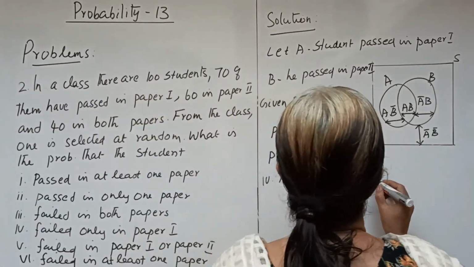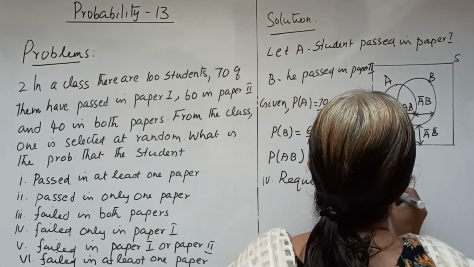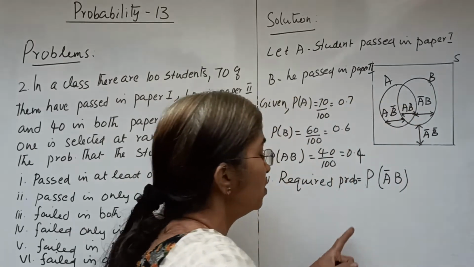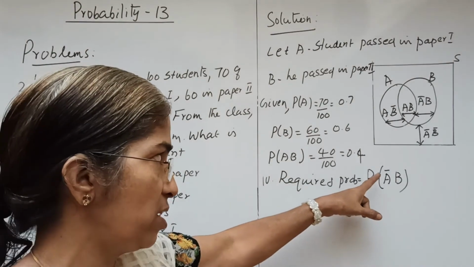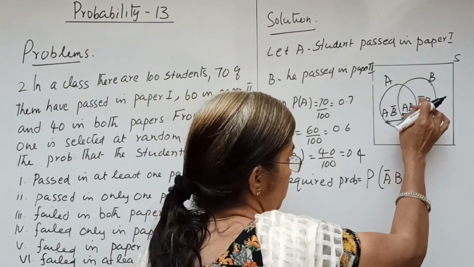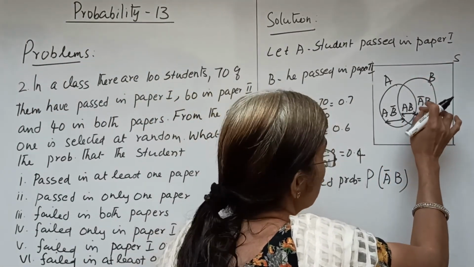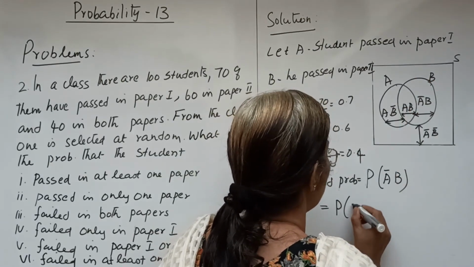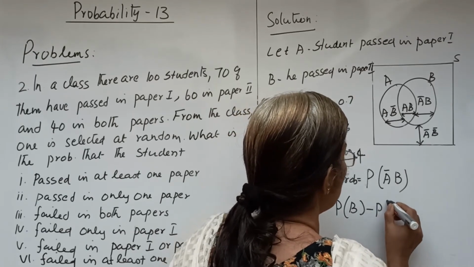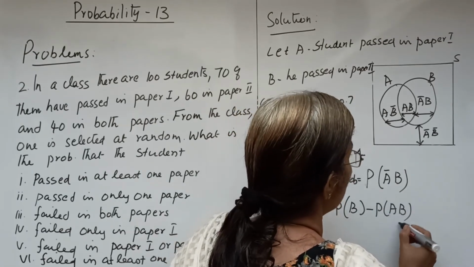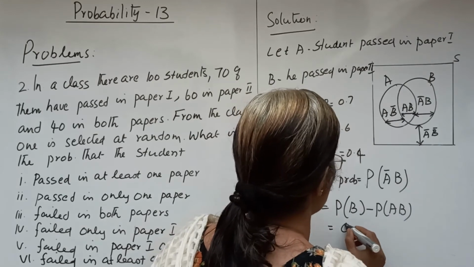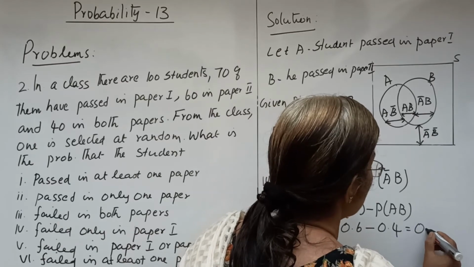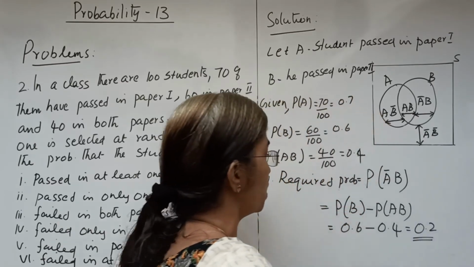So the required probability becomes P of failed in paper 1 but passed in paper 2, which is P of A bar intersection B, and from the figure it is this event. So P of B minus P of AB. Equal to P of B is 0.6 minus P of AB is 0.4.